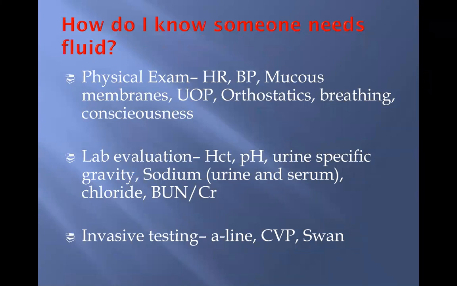How do I know someone needs fluid? How can we assess the volumic status of any person? First, by physical examination, depending on several factors: heart rate, blood pressure, mucous membrane, urine output, orthostatic blood pressure, which means the difference between supine and standing blood pressure, breathing, and consciousness level.